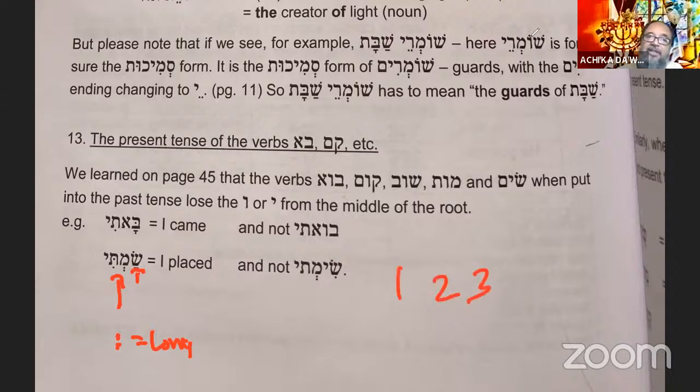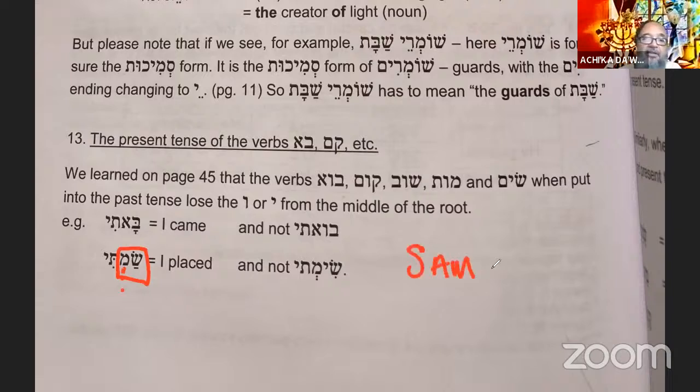Okay. Well, this one doesn't have a long vowel. That's a short A vowel, right? So I'm going to keep this silent. I'm not going to say this now. So I'm going to put these together and act like this doesn't even exist. So what am I really going to say now? I'm going to say sam. Next one, ti. That's what I'm going to say. Samti.